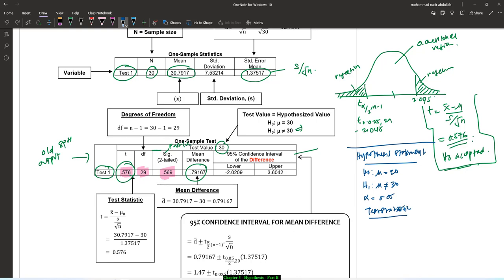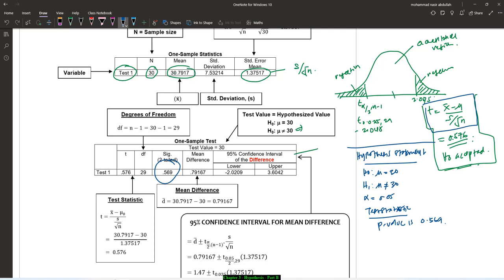Now instead of relying on the t-value, we are looking into the p-value. Since this is a two-tail test, we just take it as it is, 0.569. If it is a one-tail test, we need to divide by 2.